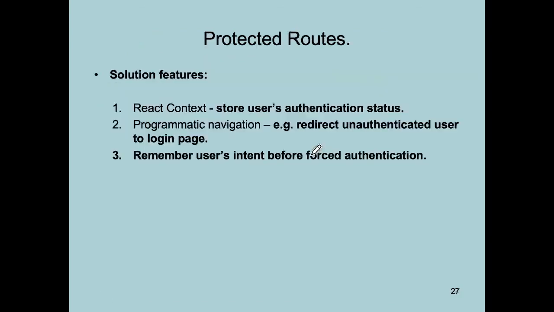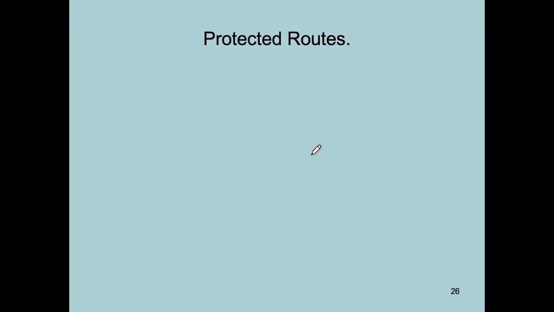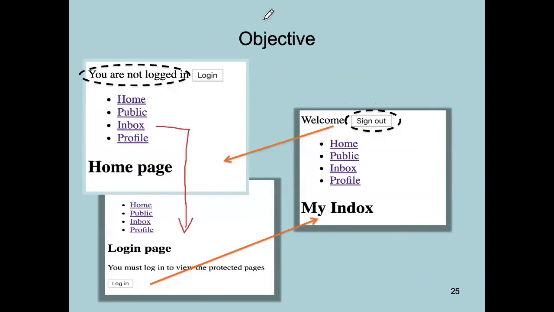And if I go right back to the beginning, I have a login button here. What if the user clicks that login button directly rather than clicking one of these protected routes? Where do we redirect them to then?